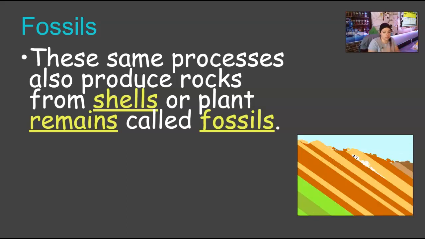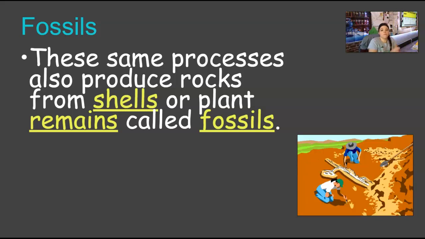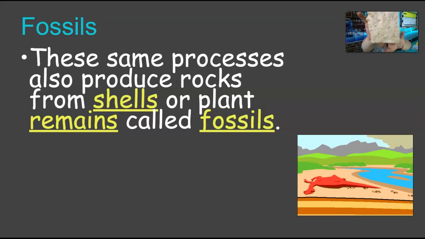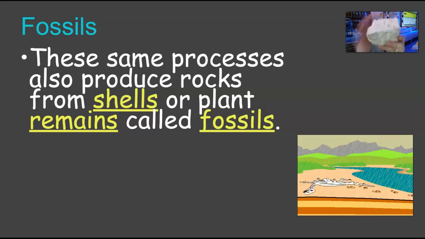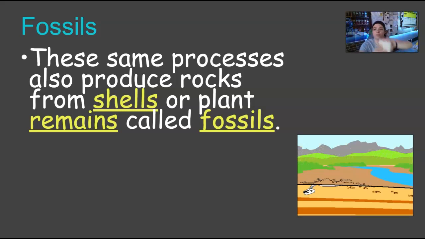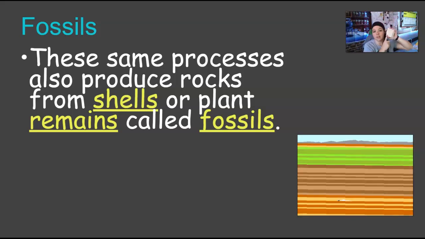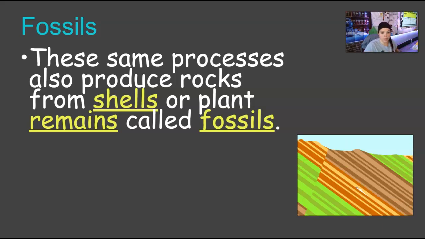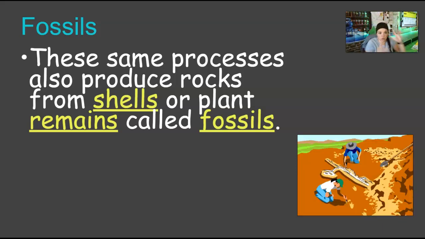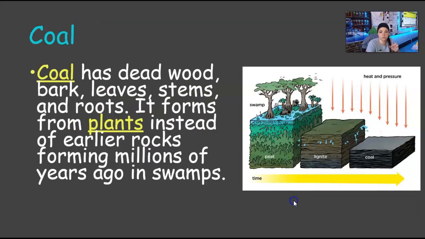The same process, this pushing, produce rocks from shells, like this. You can see on the top, it looks like shells. Forms this limestone, or plant remains. These all are called fossils. Like they're made from fossils.